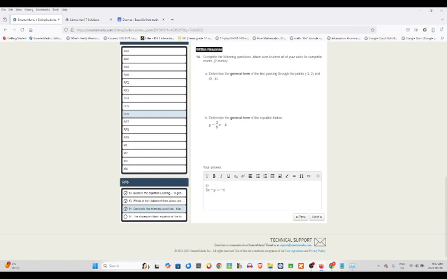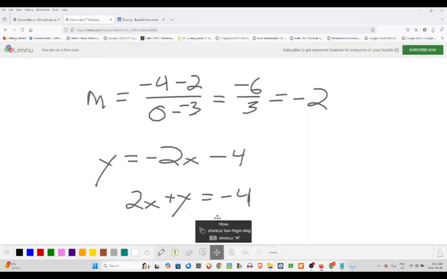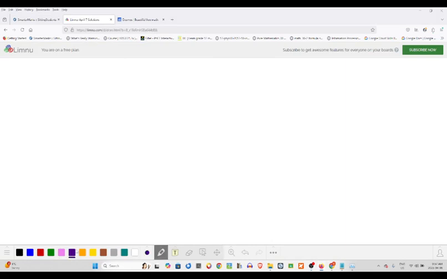Okay, and now b, the general form of this one. So our general form of y equals 3/5 x minus 4. Again, no denominators.